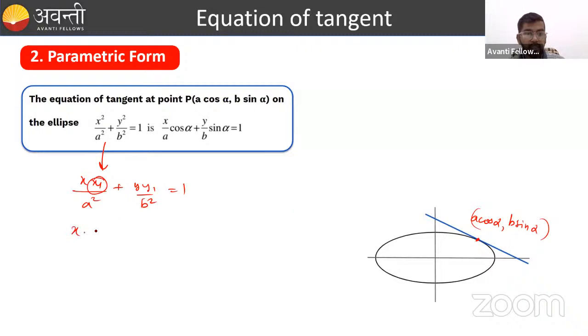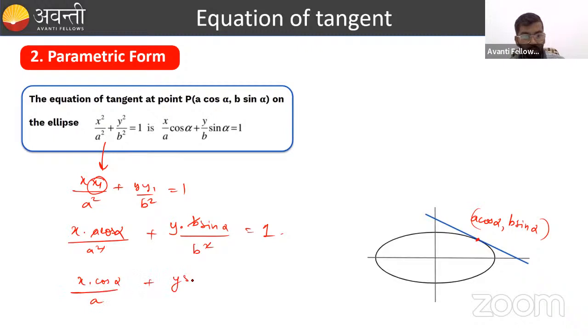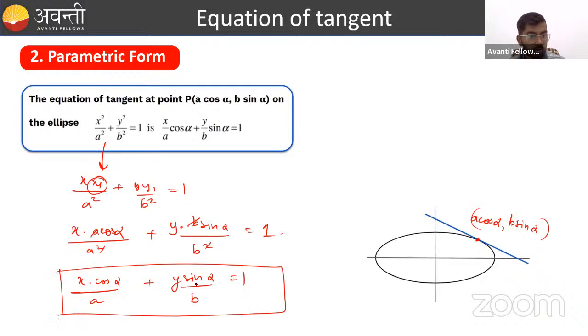So I'll write x into a cos alpha upon a square plus y into b sin alpha upon b square equals 1. So this a square gets cancelled, b square as well. So we get x cos alpha by a plus y sin alpha by b equals 1. This is how we get the equation of tangent in parametric form. Correct? I hope you are understanding this.